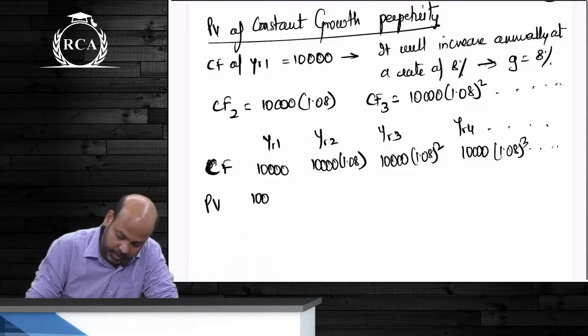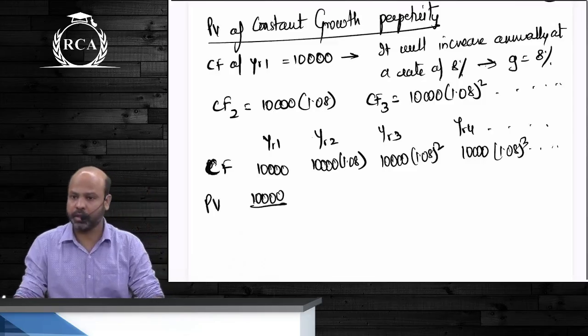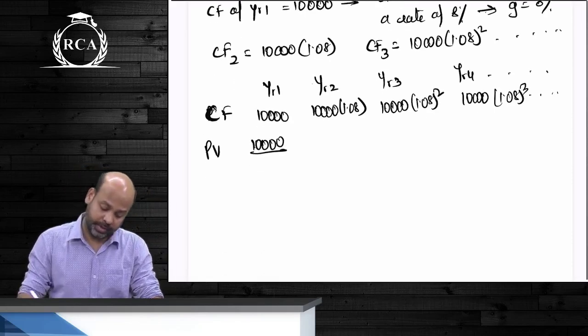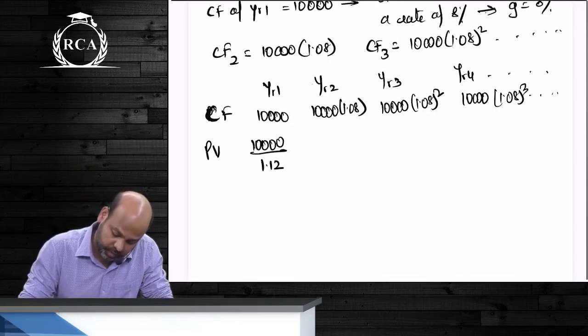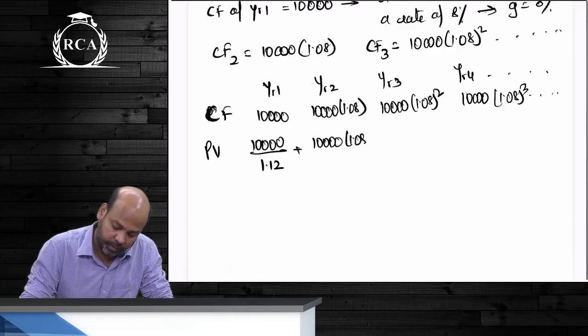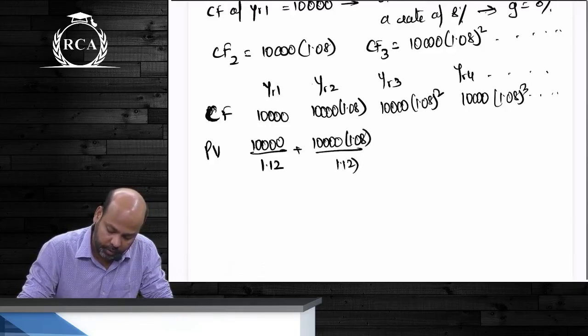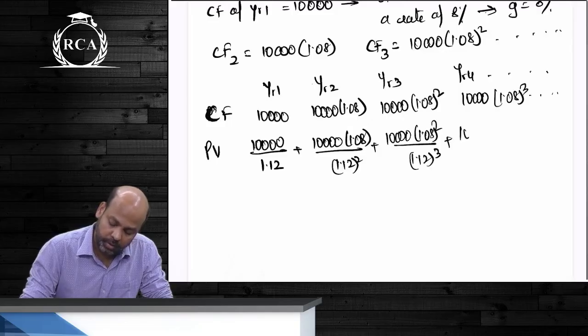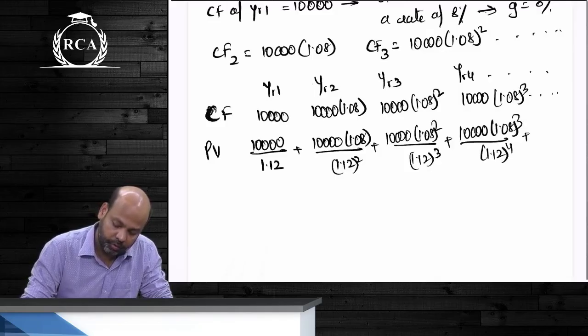Present value beta will be 10,000 divided by कितना beta? 1.12. 10,000 into 1.08 divided by 1.12 whole square. 10,000 into 1.08 whole square divided by 1.12 whole cube. Whole cube divided by 1.12 whole power 4.